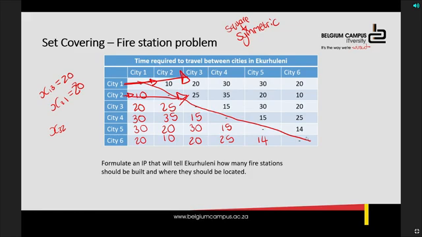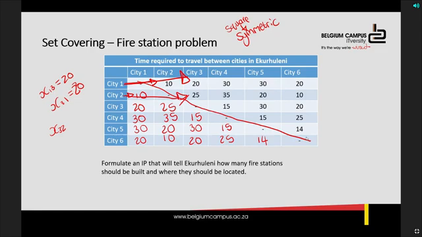But while we are busy, why is city 1 to 1 just a dash? Yeah, you're already in that city, right?